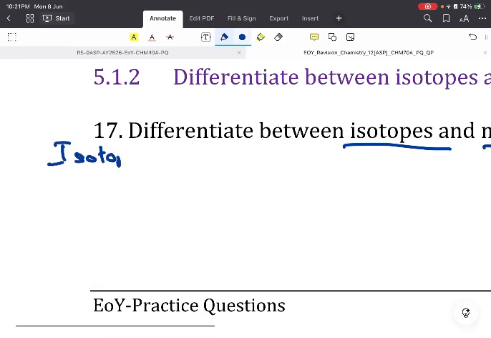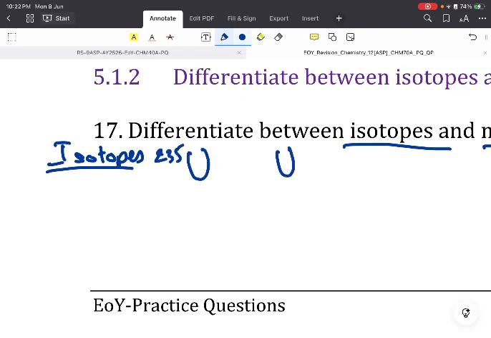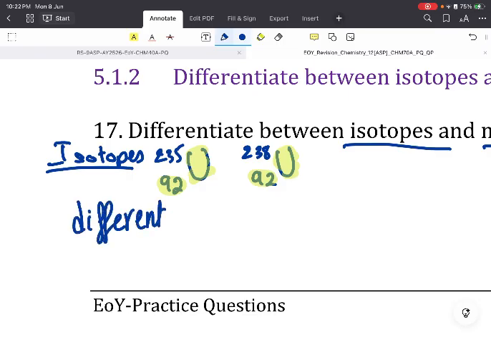I'm explaining the isotopes. So I have uranium 235 and I have another isotope of uranium 238. Now why are these isotopes? Because both of them have the same symbol, uranium. Both of them have the same atomic number. But what's the difference between them? The difference is in the mass number. So they have a different mass number.